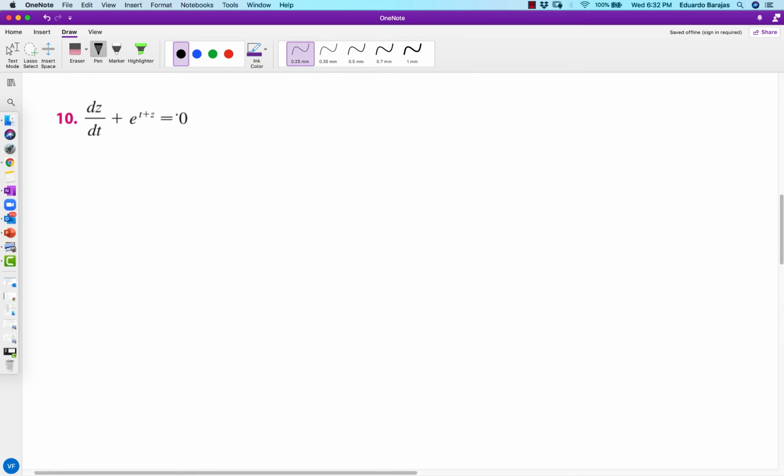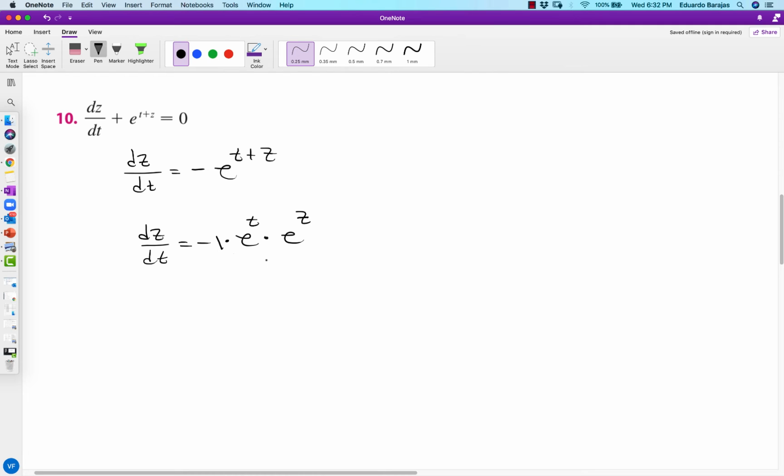So moving this over to the other side, we get that dz/dt equals negative e to the t plus z. And we know that adding exponents is the same thing as multiplying two exponential numbers with the same base. So dz/dt is equal to negative 1, you can think of it that way, negative 1 e to the t times e to the z.